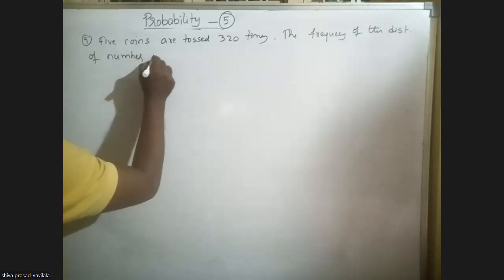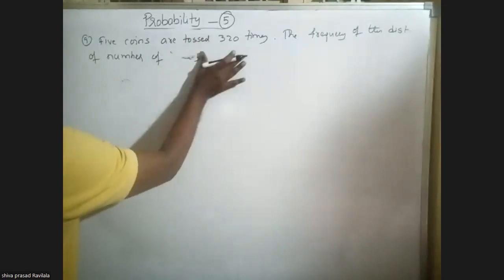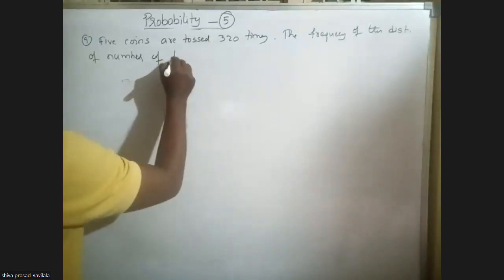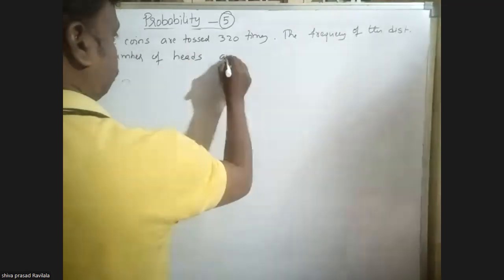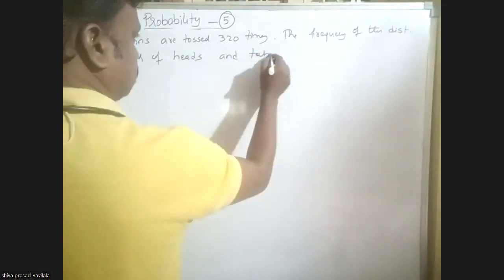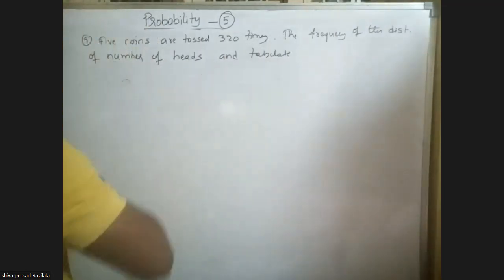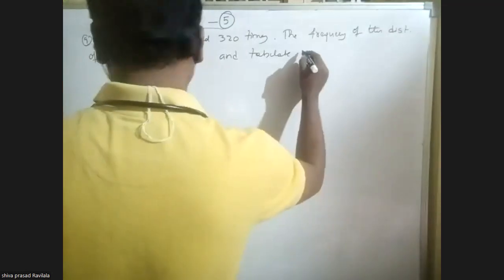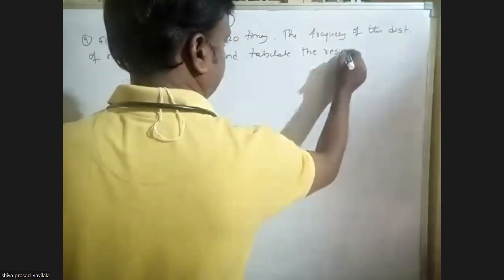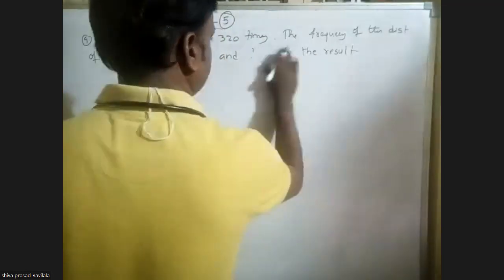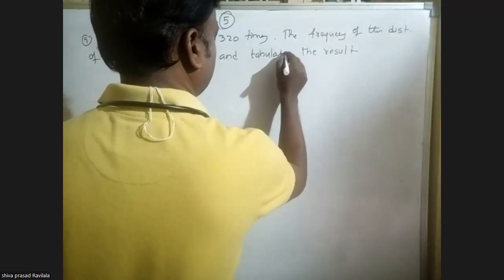When the word frequency comes, you immediately go to statistics. And tabulate the result. Without tabular form, we can't find the number of heads. Tabulate the result means in the form of a table.